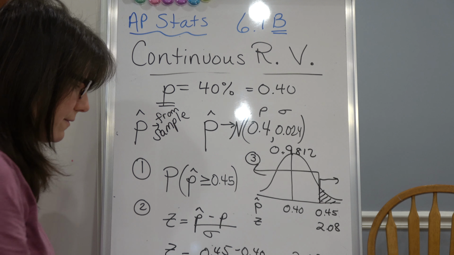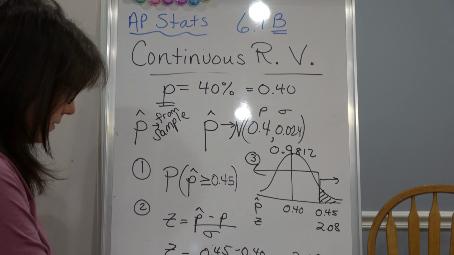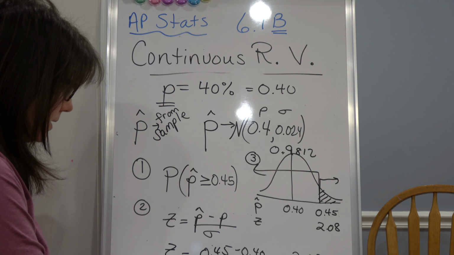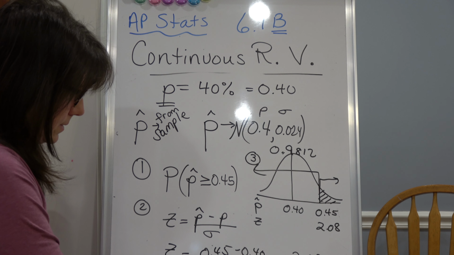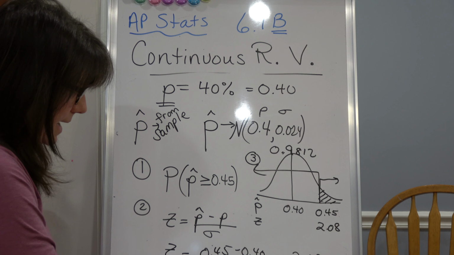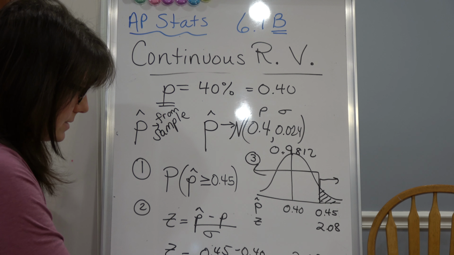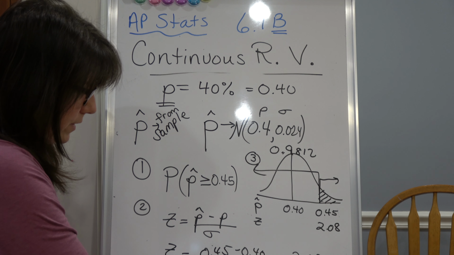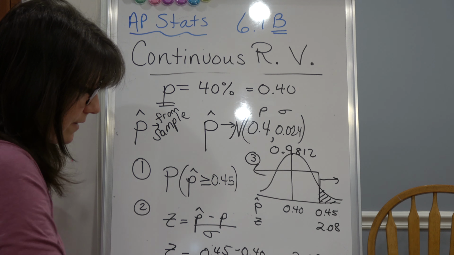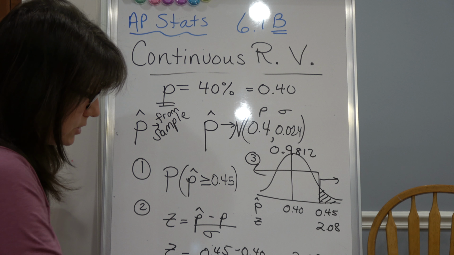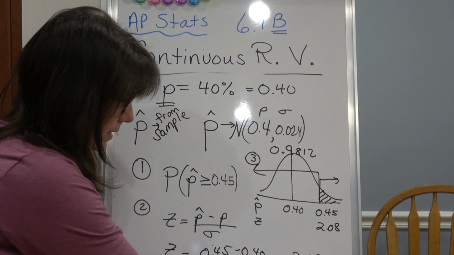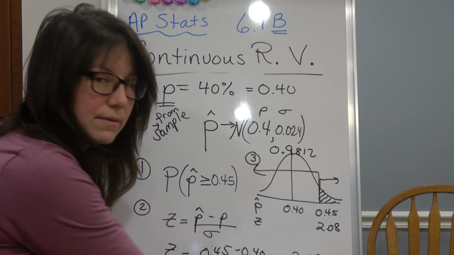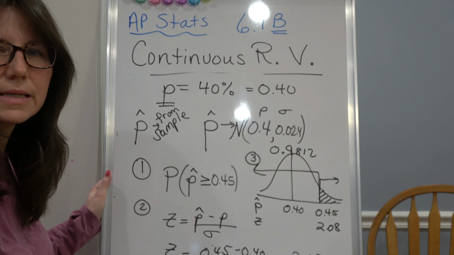So if we subtract that from 1, we can figure out that the proportion, or the probability, that a p hat, a sample, provides 45% or more thinking violence is the biggest issue, is a mere 0.0188. I don't know if you can see that. Did I get that in there?